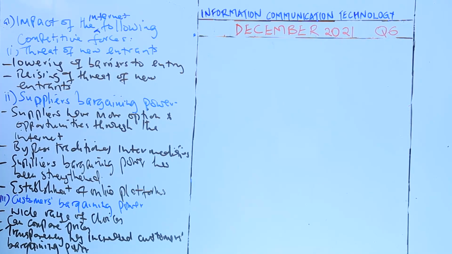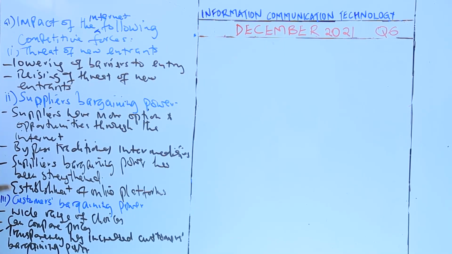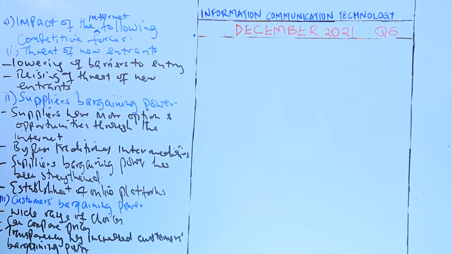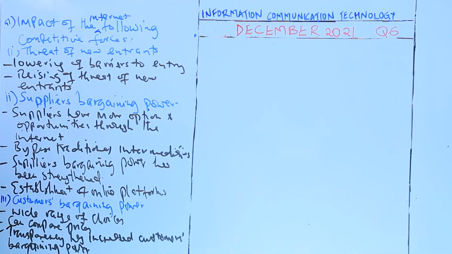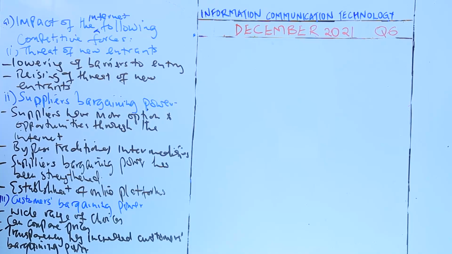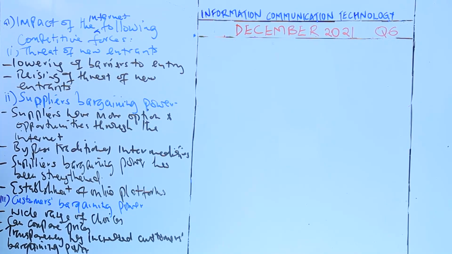And they do the switching based on many factors such as the price, the quality, customer reviews, and so on. Additionally, candidates, the rise of e-commerce has intensified price competition, providing customers with more opportunities to find better deals. That is customers' bargaining power.